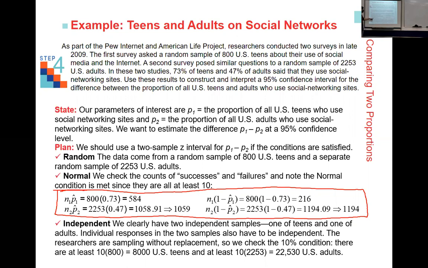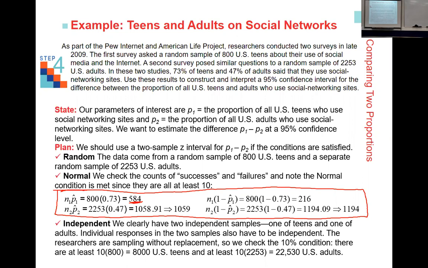Now, the biggest thing that you're going to need to remember is that with proportions, it's going to ask for x and n. So it's going to ask for x and n in each of these. That means how many out of how many in total?